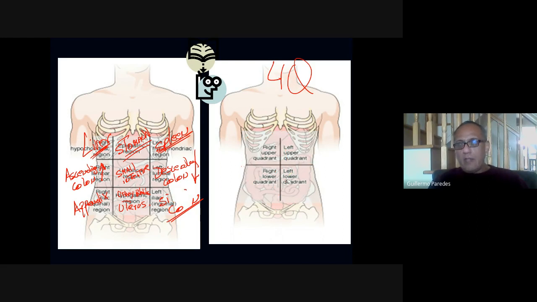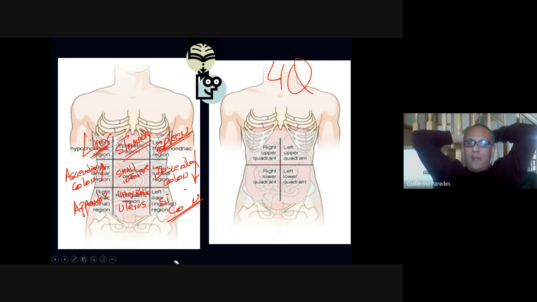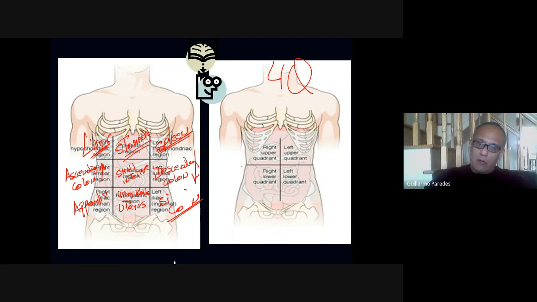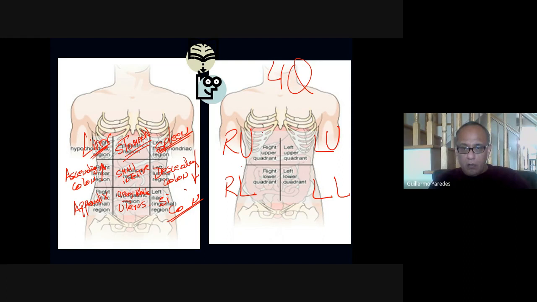So the navel is the cross street. The right upper quadrant: always say right or left, upper or lower, and quadrant at the end. Okay?